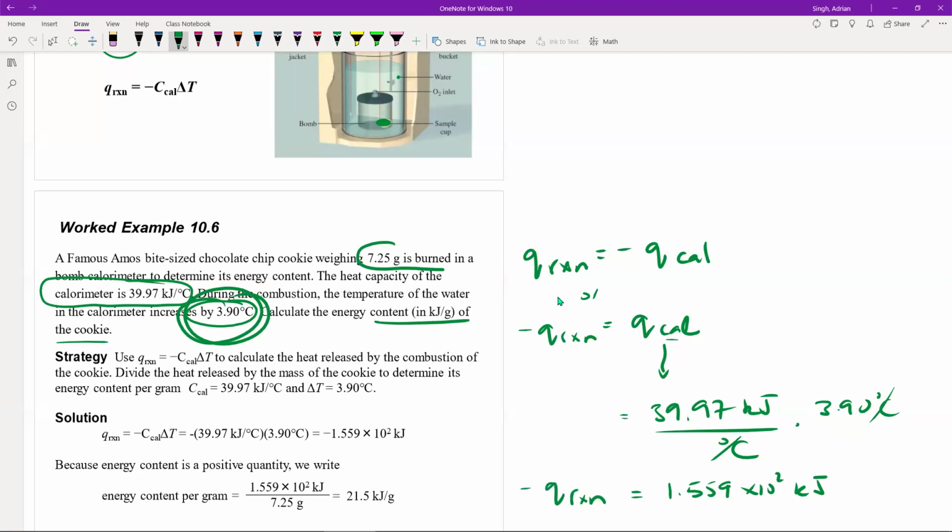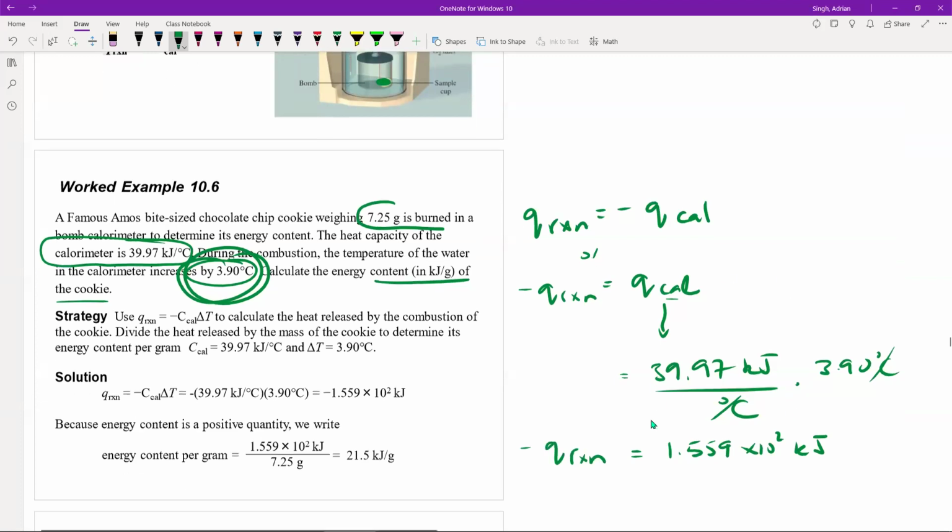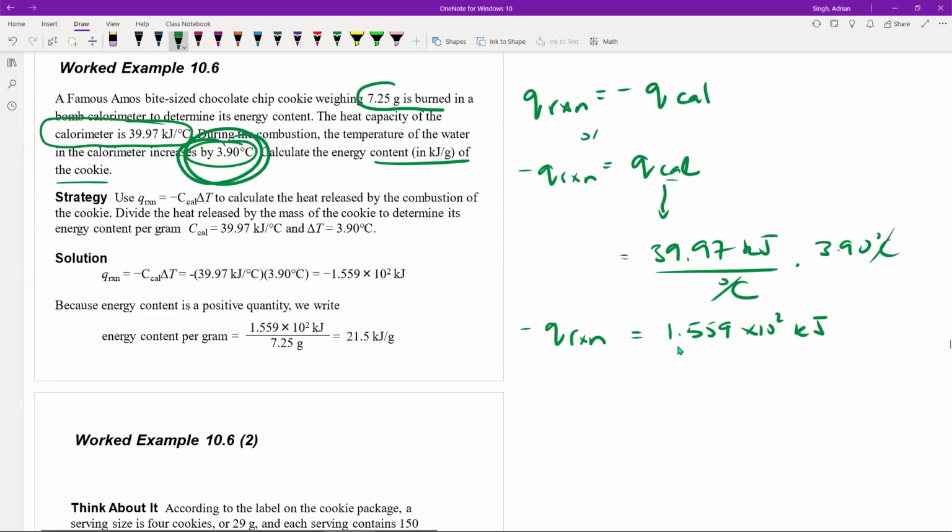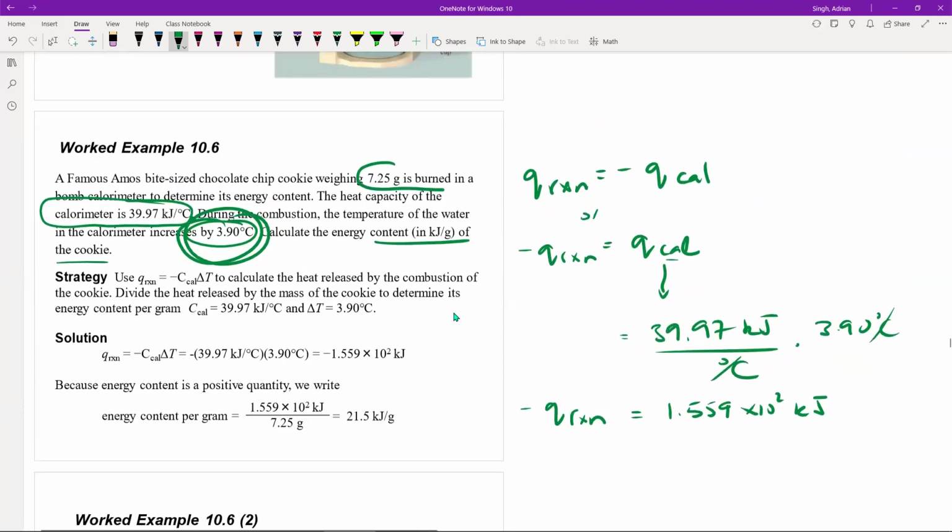That tells us that's the amount of energy absorbed by the calorimeter, which is the amount of energy released by that reaction. And that is the energy for that sample, and that sample is 7.25 grams.